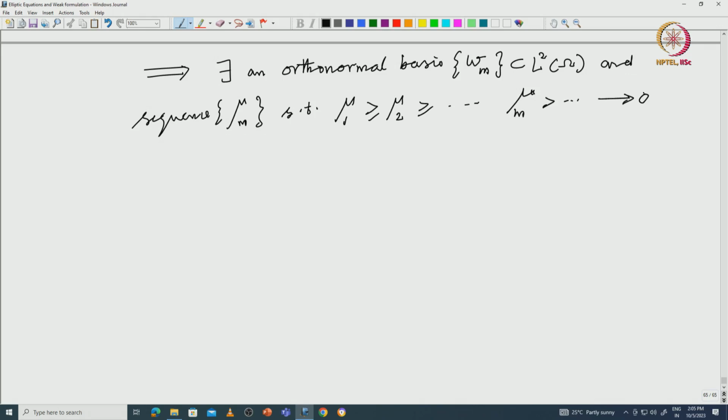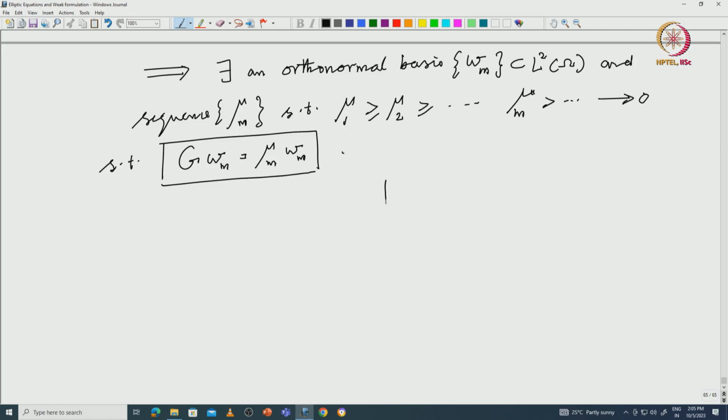That is very interesting, such that G w_m, the solution corresponding to w_m, is equal to mu_m w_m. So, it is the existence of a discrete set of eigenvalues mu 1, mu 2, etc., which goes to 0. This is the eigenvalue for G.